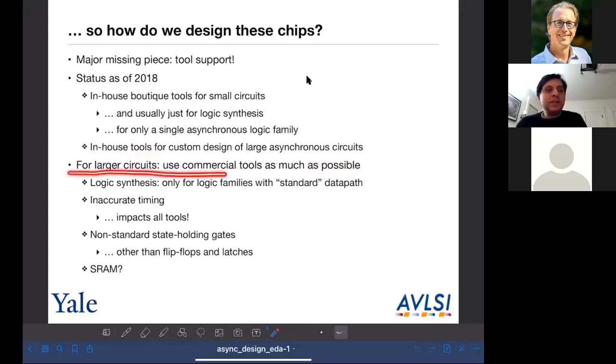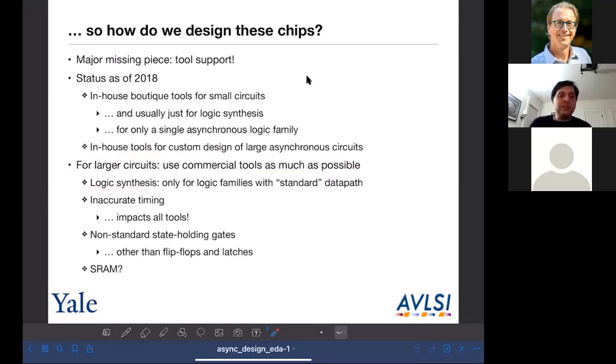If you want to design something large and get something that looks like an ASIC flow, then what people were trying to do is basically twist the arms of commercial tools to do what they wanted. And that was a complicated battle, let's just put it that way. First of all, for logic synthesis, at least for control, there was no solution.